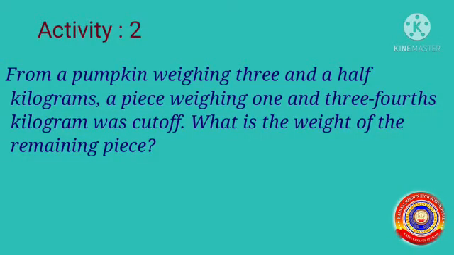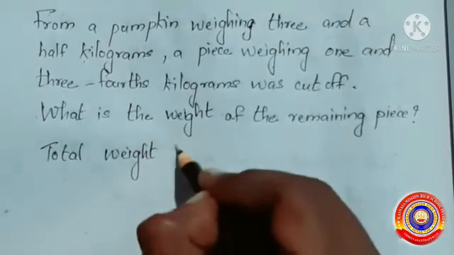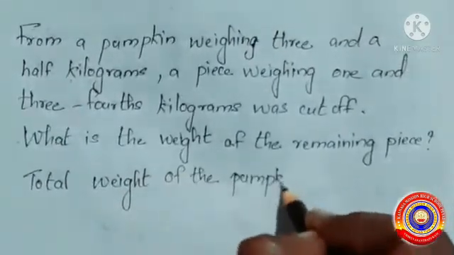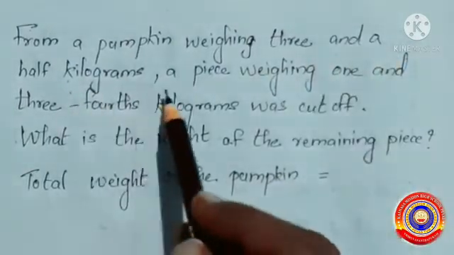Next, activity number 2. From a pumpkin weighing 3.5 kilograms, a piece weighing 1 3/4 kilogram was cut off. What is the weight of the remaining piece? Here, the total weight of the pumpkin is equal to 3.5 kilograms.